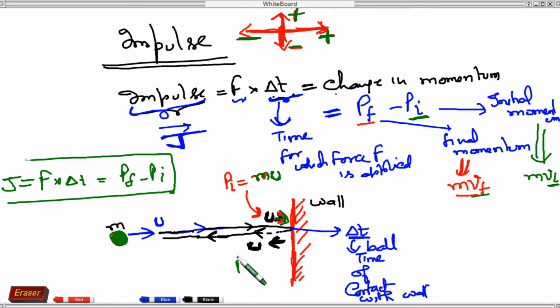What is our final momentum here? P final will be minus mu. Why minus mu? Because the direction is in this direction.